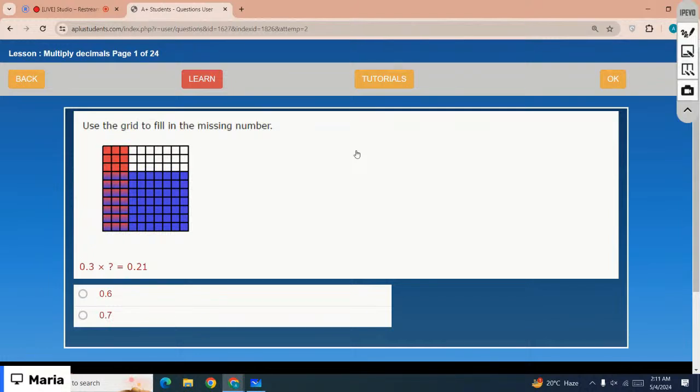Use the grid to fill in the missing number. 0.3 times what number equals 0.21? 0.3 times 0.7 equals 0.21. Got it?